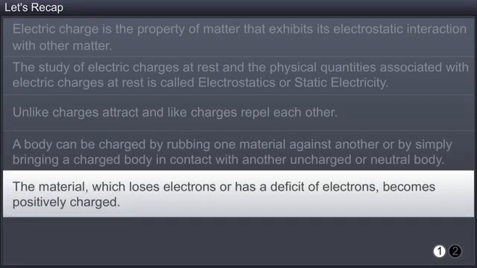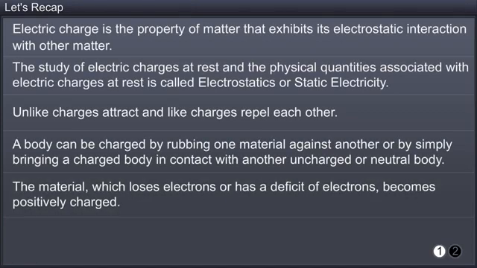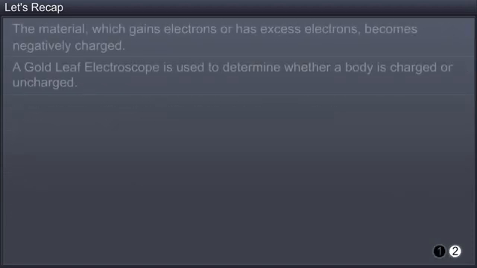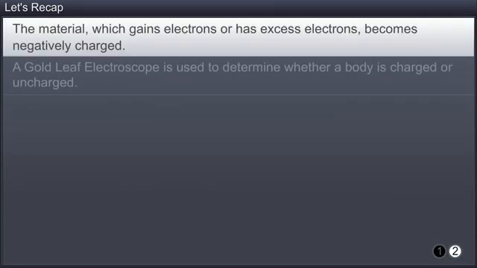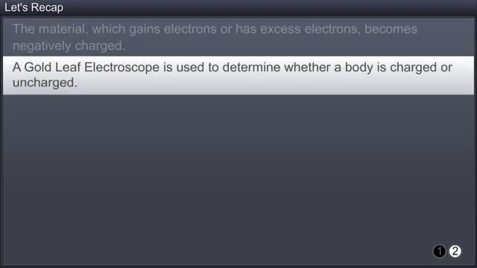The material which loses electrons or has a deficit of electrons becomes positively charged. The material which gains electrons or has excess electrons becomes negatively charged. A gold leaf electroscope is used to determine whether a body is charged or uncharged.